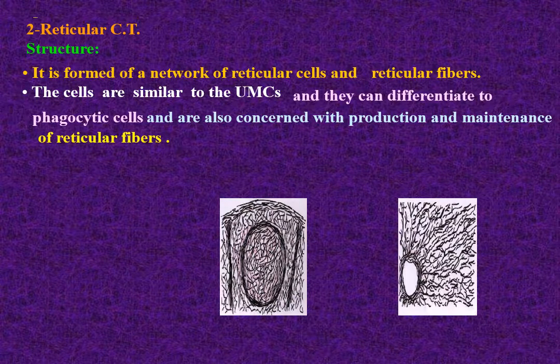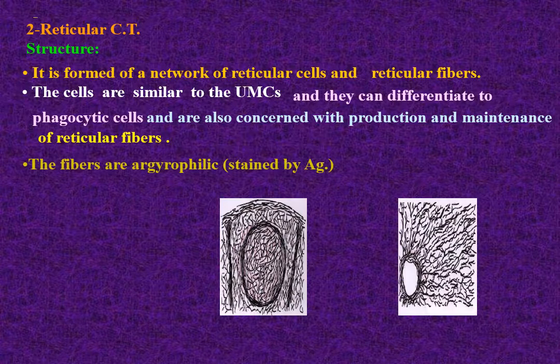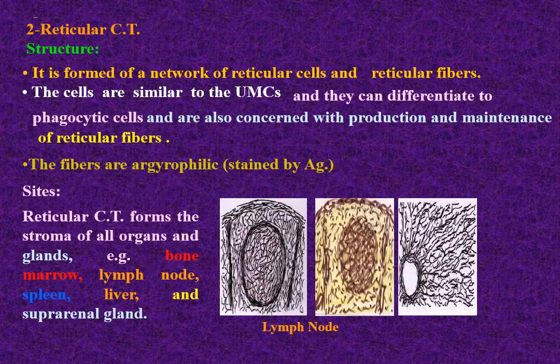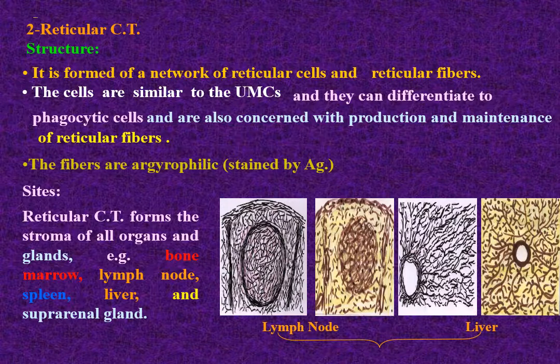The fibers are argyrophilic, stained by silver. Sites. Reticular connective tissue forms the stroma of all organs and glands, like bone marrow, lymph node, spleen, liver, and suprarenal gland.